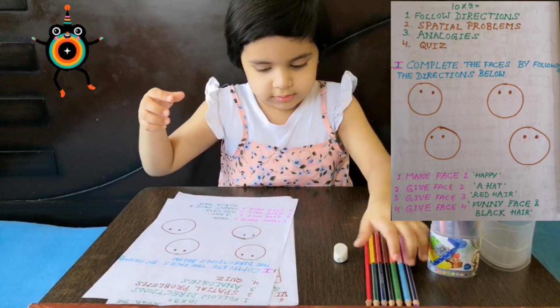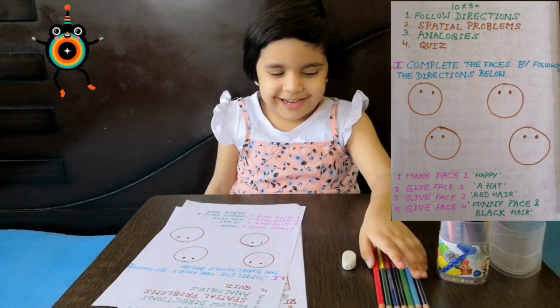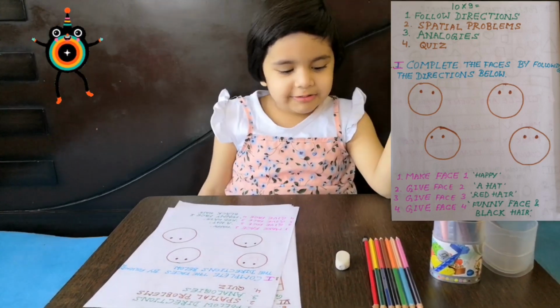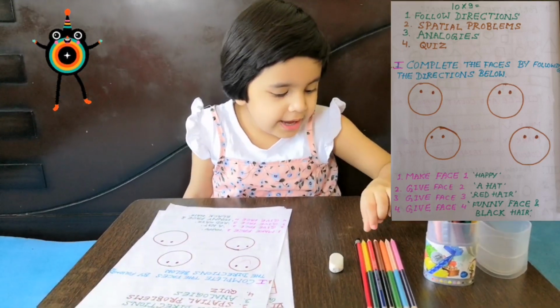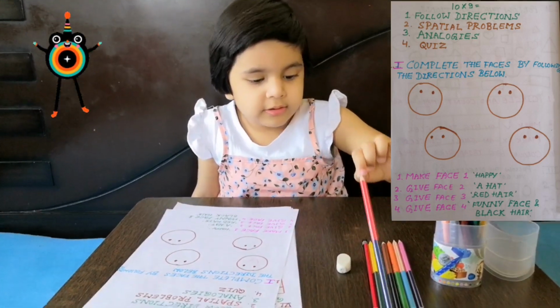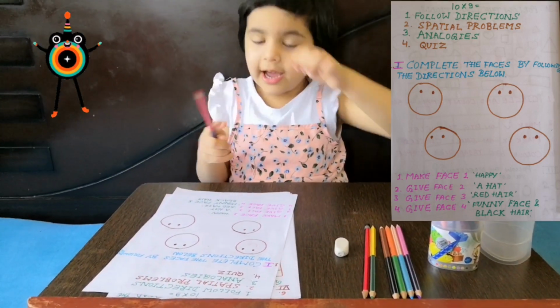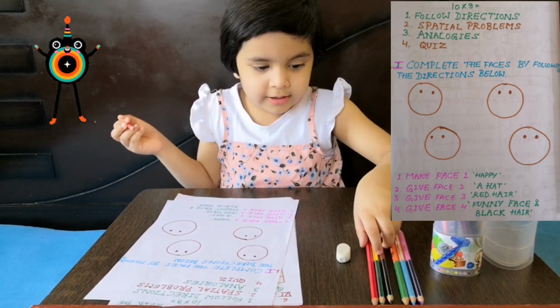Okay, so what is the next? The next thing is give face two a red hat. This time shall I use red? Let's see how it will look. Red hat. And him in the red hat.